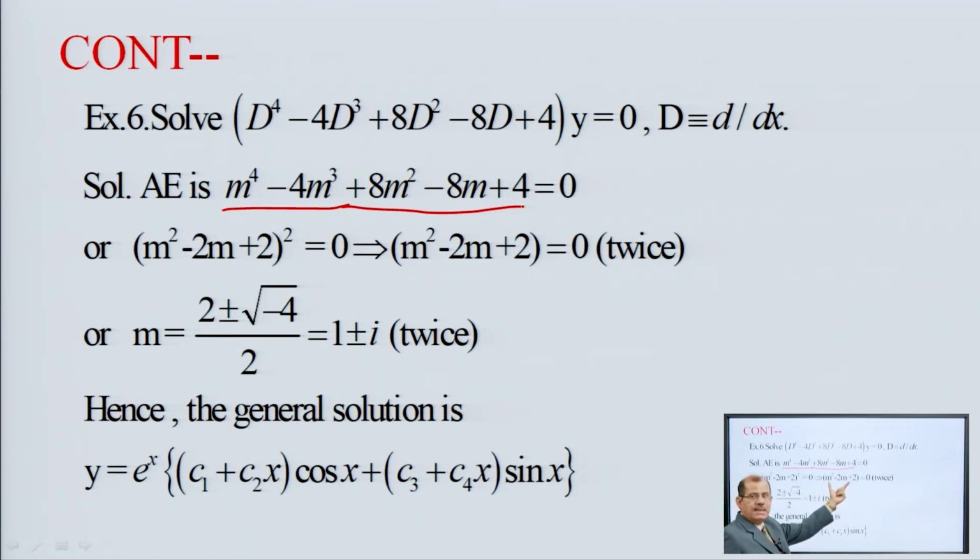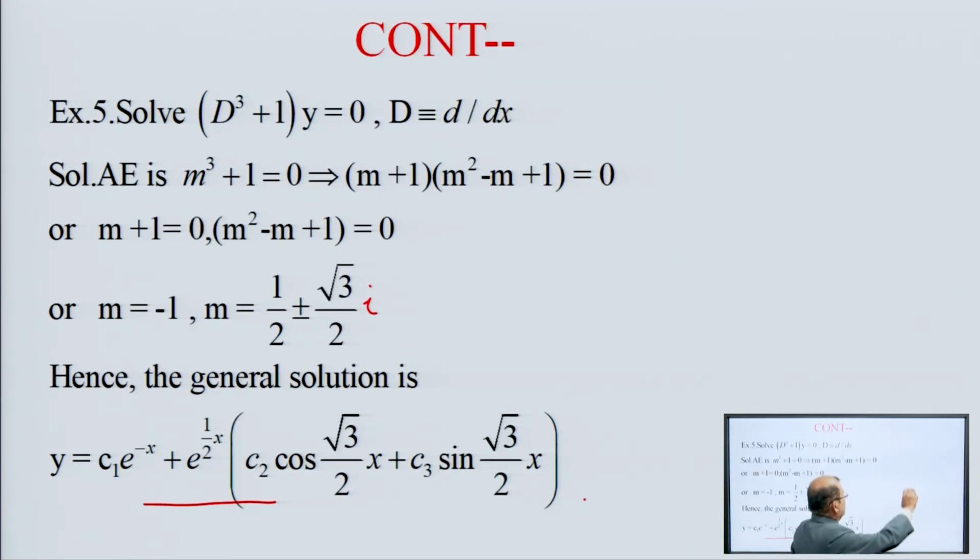We break into the linear factors, we get m is equal to 2 plus minus root minus 4 by 2, means 1 plus minus i twice, because it is a fourth order differential equation. Hence, the general solution is y is equal to, since 1 is real, e raised power x into C1 plus C2 x cos x plus C3 plus C4 x sin x.